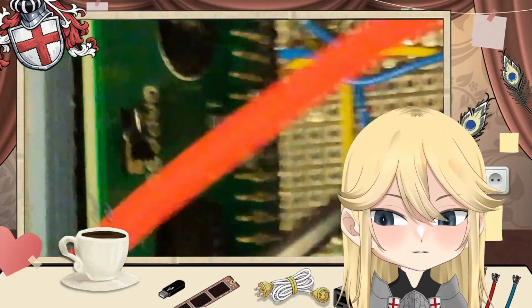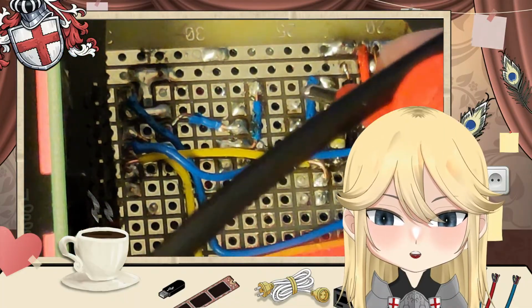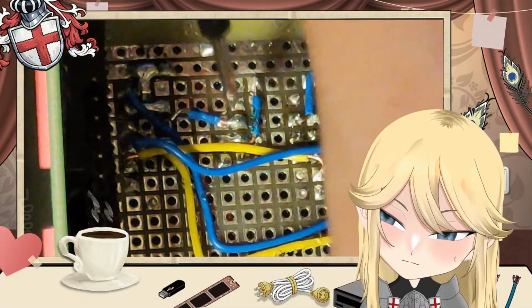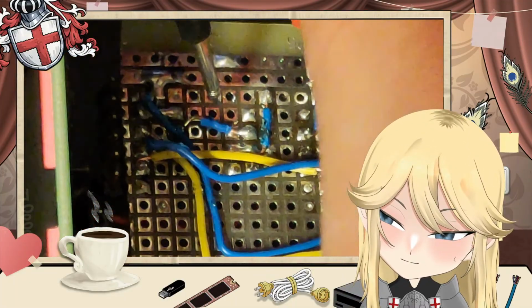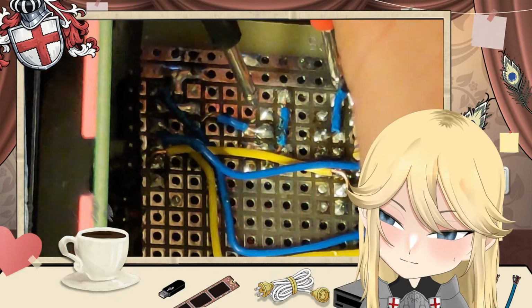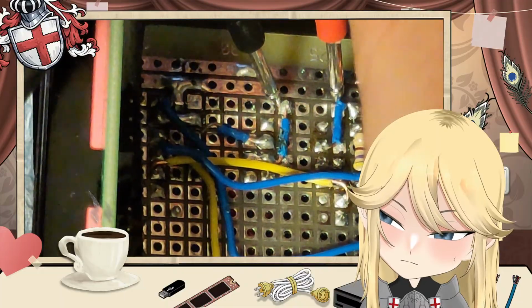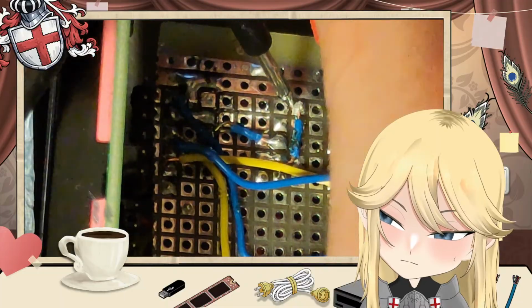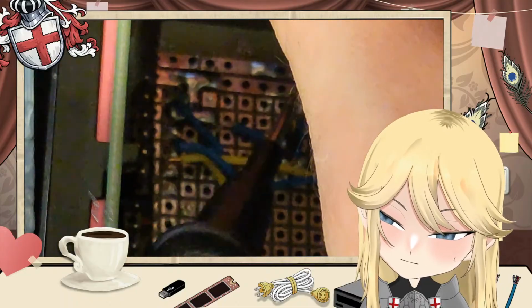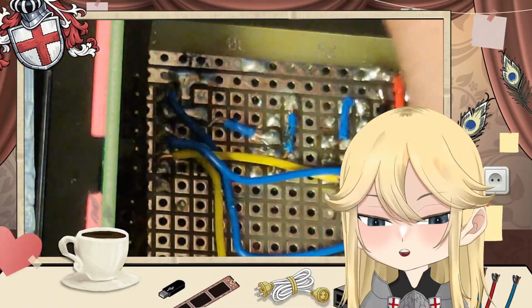So we need to measure underneath that cable. Okay, yes, this is connected.